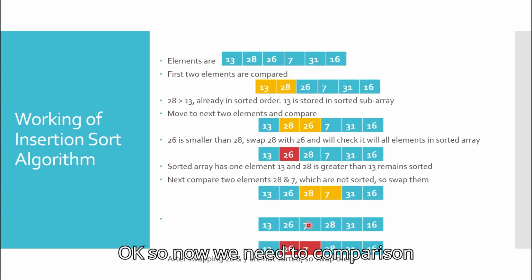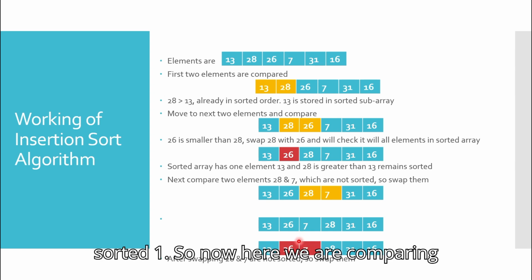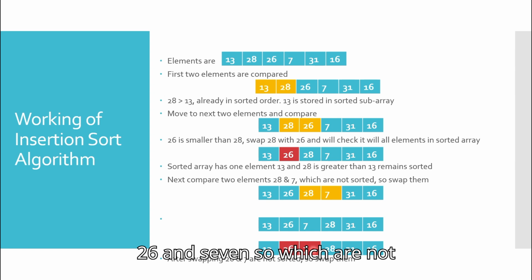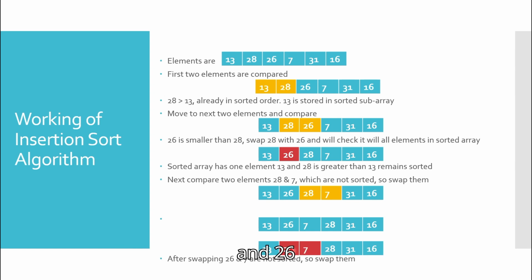Now we do the comparison with the sub-array list, which is the sorted one. Here we compare 26 and 7, which are not sorted, so we need to swap them. After swapping, it becomes 13, 7 and 26.